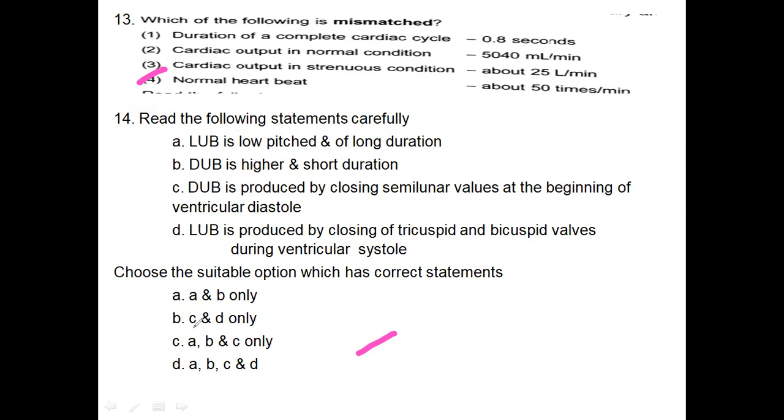Lub, low pitch, long duration. Dub is higher, short duration, produced by closure of semilunar valves at the beginning of ventricular diastole. Lub is during ventricular systole.